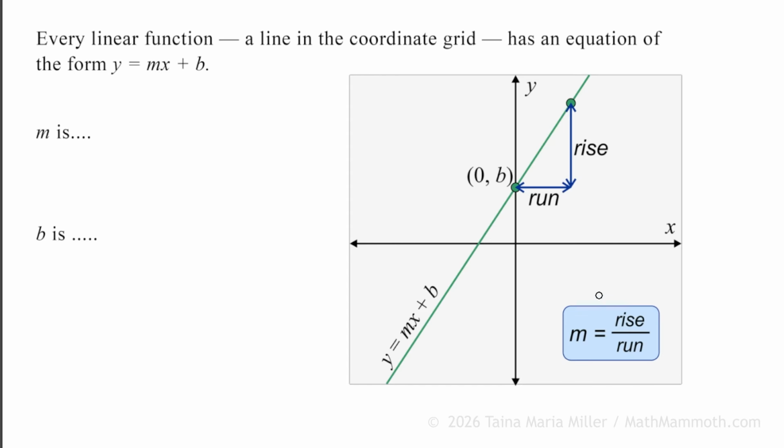We calculate the slope as rise over run. This point here is the initial value. When x is 0, then y is b. We call it the y-intercept. That is where the line intercepts or intersects the y-axis. The b is the y-intercept. M is the slope.